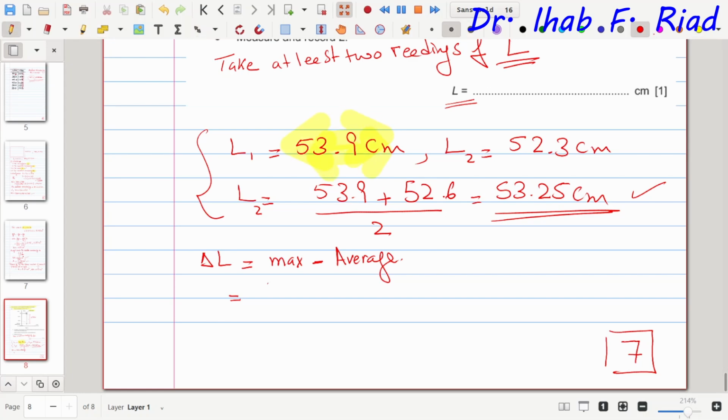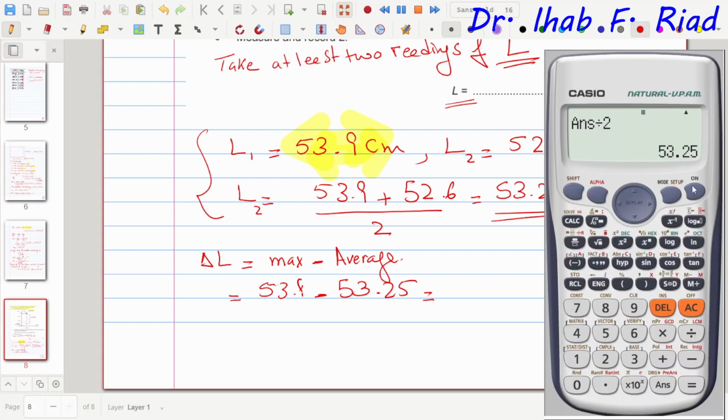What is the average? 53.25. Do the math. 53.9 minus 53.25 is 0.65.